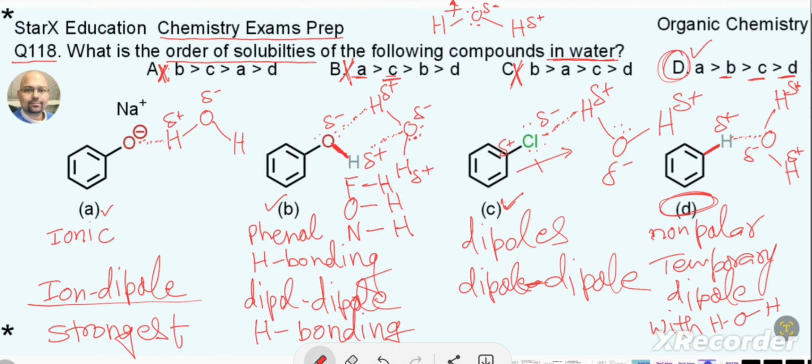In the same way, we know that hydrogen bonding compounds are more soluble than just dipoles, so you can remove choice B. And about choice C, the same principle applies as for A: ions are the most soluble in water, so we can eliminate choice C and come to the conclusion that the correct answer is D. So there are some small tricks that you can apply, but the fact remains that you've got to have a basic understanding of how chemistry works, the general organic chemistry principles, and then you can answer many questions based on these principles.